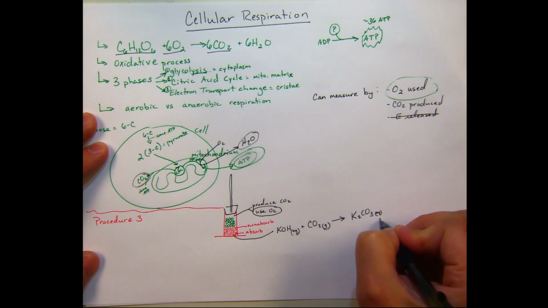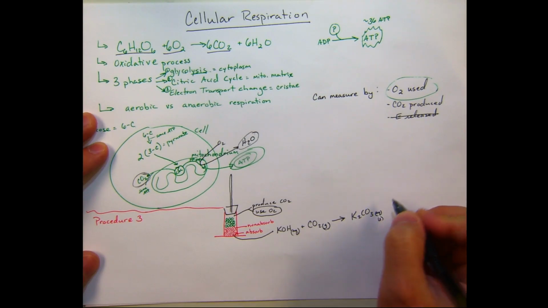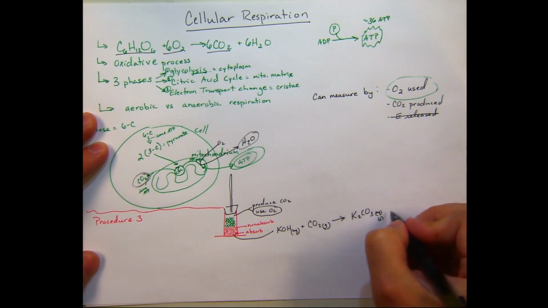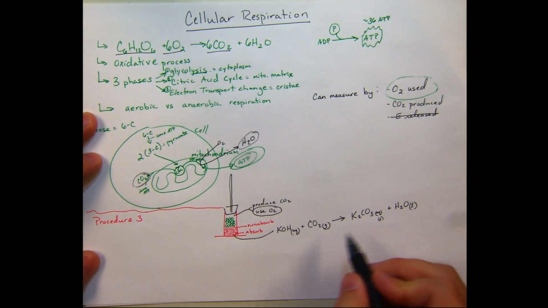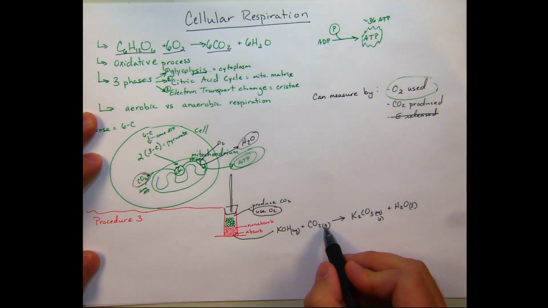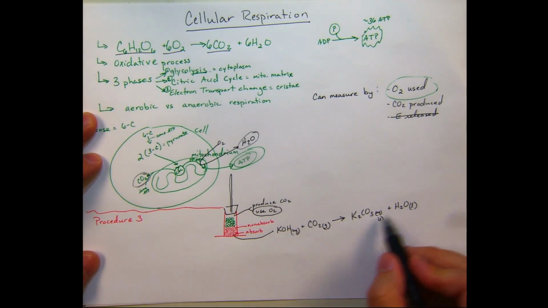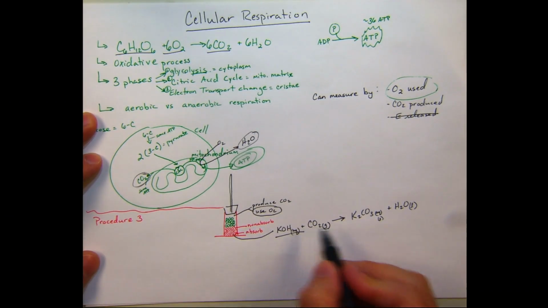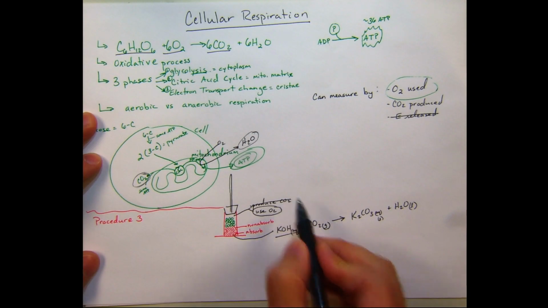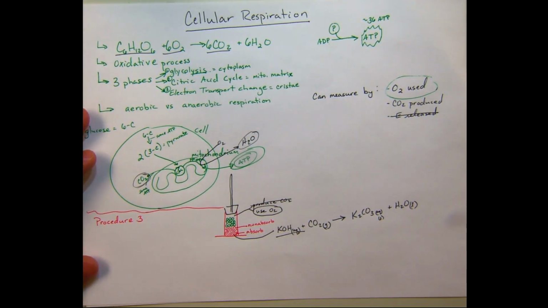I think your book might also say a solid, but if it's wet, it's going to be aqueous. And it's going to produce moisture, water. But notice here, by this reaction, we're not producing any gas. So by using potassium hydroxide, we are eliminating that carbon dioxide.